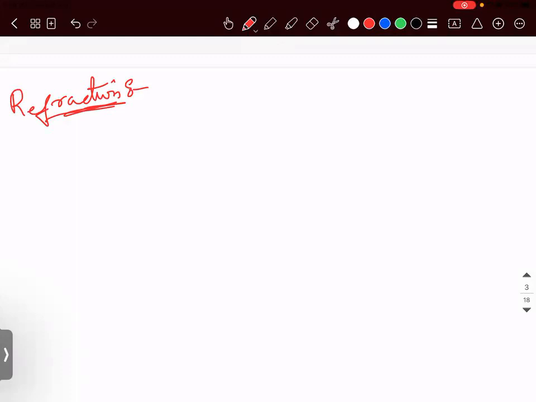So let's say you take a glass slab. What is the refractive index of glass? It's a denser medium, right? There is a table, no? For glass it is from the table, 1.5, is it?